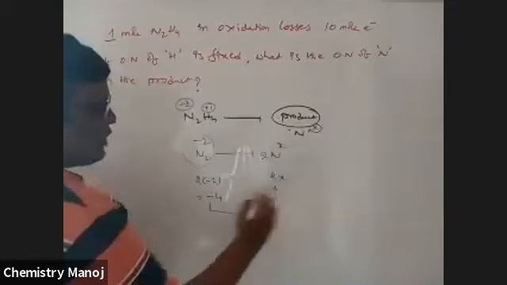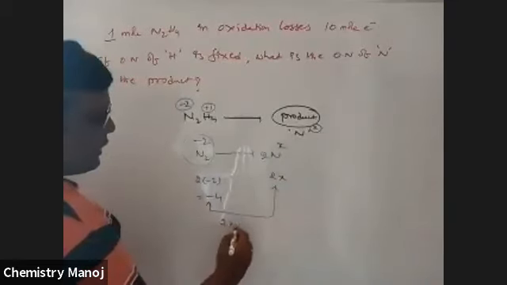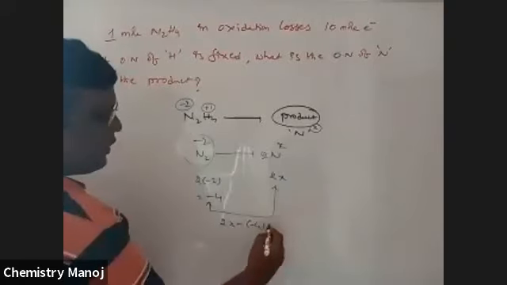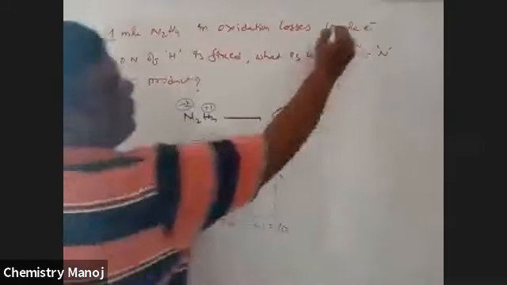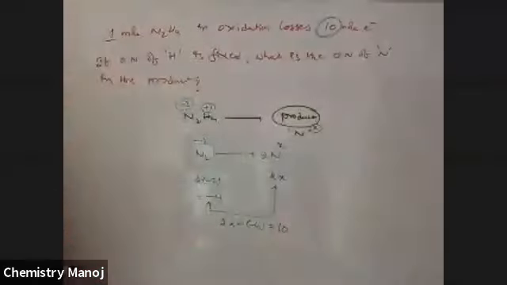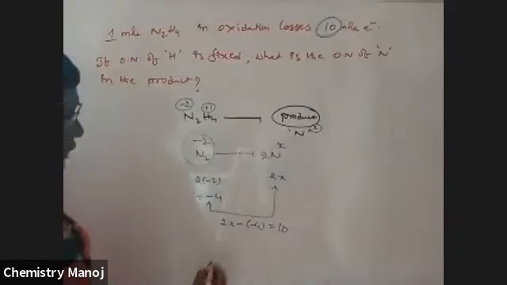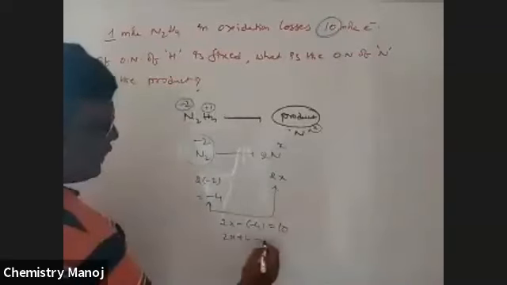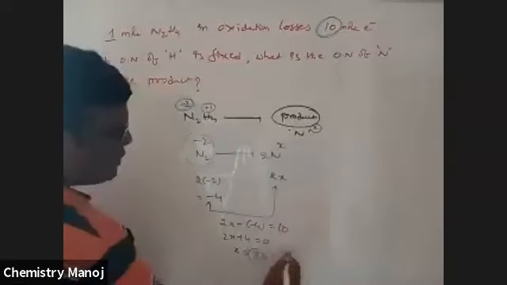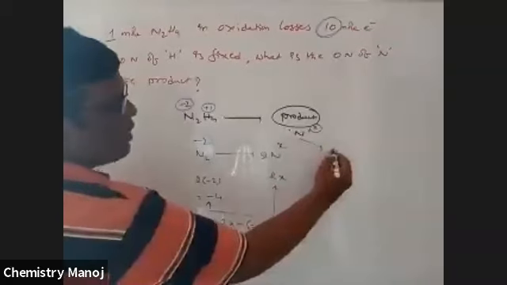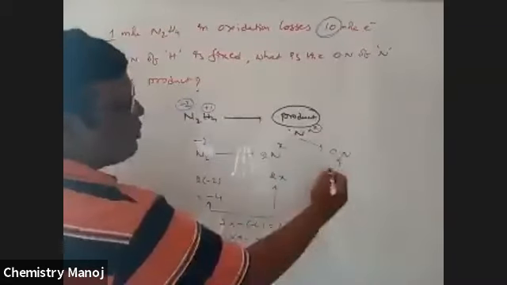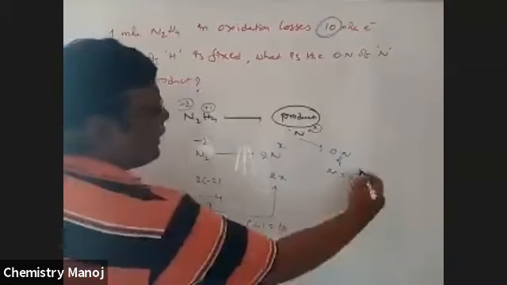The change in oxidation number, 2x minus of minus 4, is equal to 10, which is given. Therefore 2x plus 4 is equal to 10, x is equal to 3. So the oxidation number of nitrogen is plus 3.